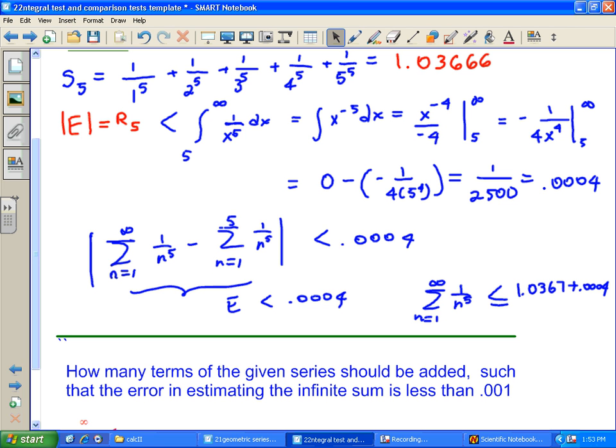So we only added the first 5 terms, but we know that the infinite sum is no more different from the sum of the first 5 terms than 0.0004. So that represents the error. That represents that we did not add up from 6 to infinity, right? We only added the first 5 terms. We're saying what we missed by not adding up all those many terms is going to be less than 0.0004.